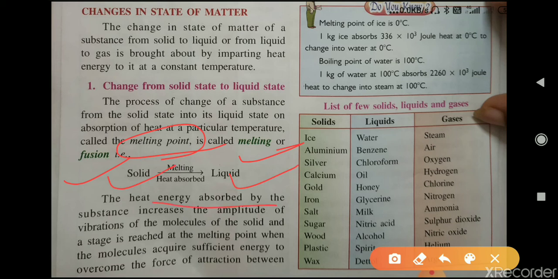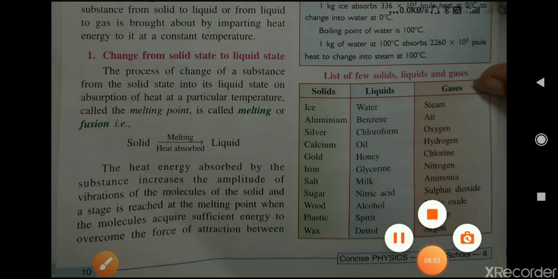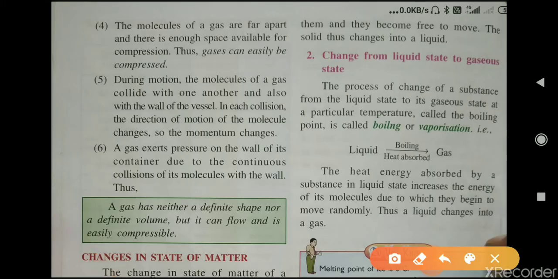The heat energy absorbed by the substance increases the amplitude of vibrations of the molecules of the solid, and a stage is reached at the melting point when the molecules acquire sufficient energy to overcome the force of attraction between the particles and they become free to move. The solid thus changes into liquid.